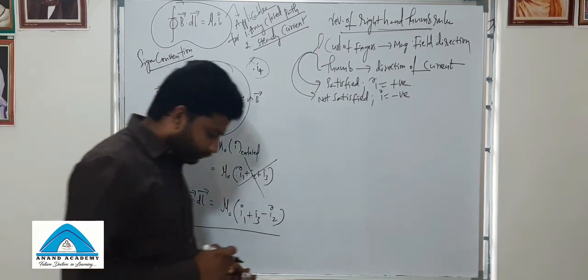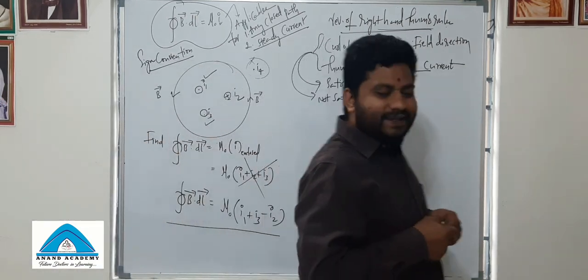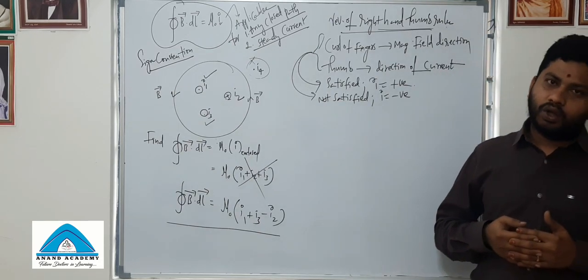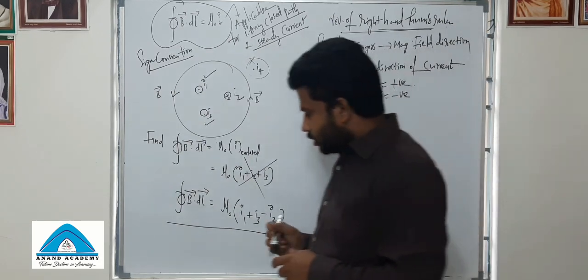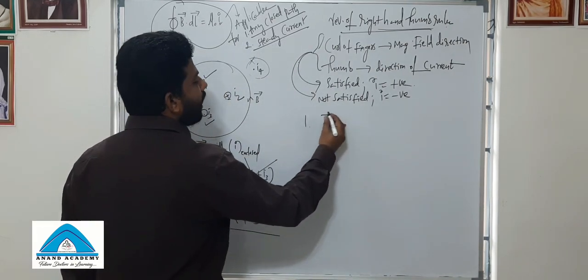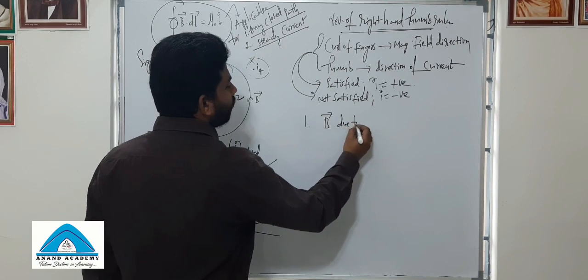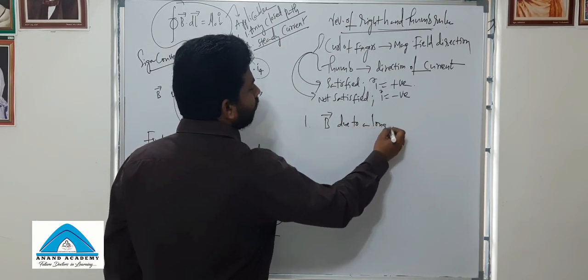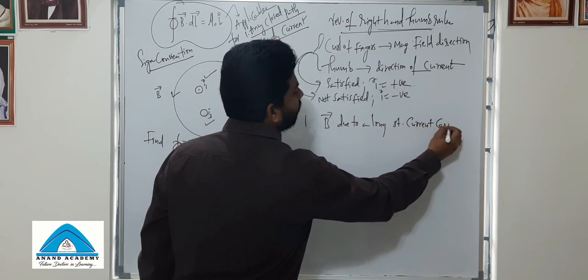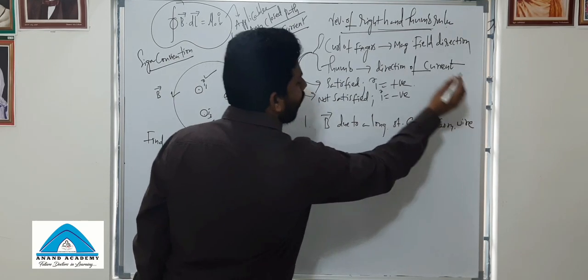Now, we had already discussed the applications of Ampere circuital law. The first application was the magnetic field B bar due to a long straight current carrying wire.